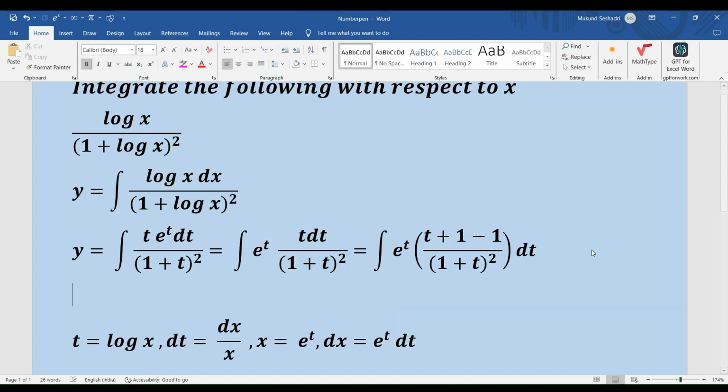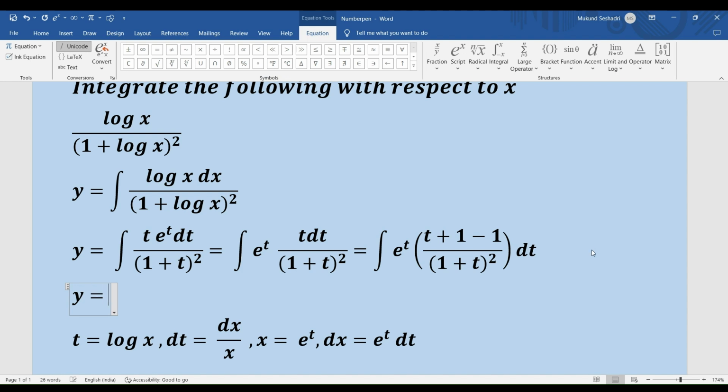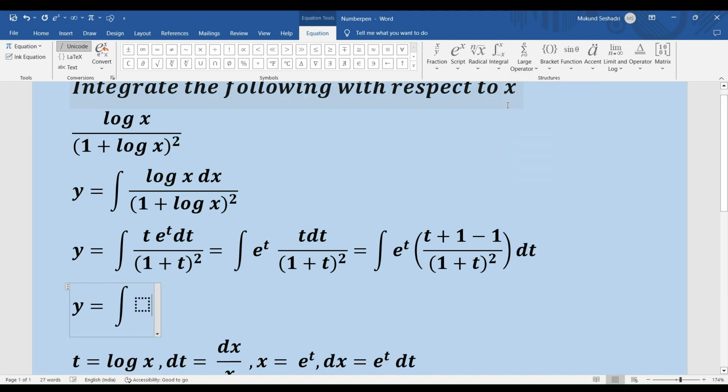Right, now let's go to the next line. It's getting very clumsy out there. So I decompose this further, right? And how do I do the decomposition here? I have my e to the power t. And all that we are trying to do, again, I'm repeating, I'm trying to express this of the form e to the power t times f of t plus f dashed of t dt, right?